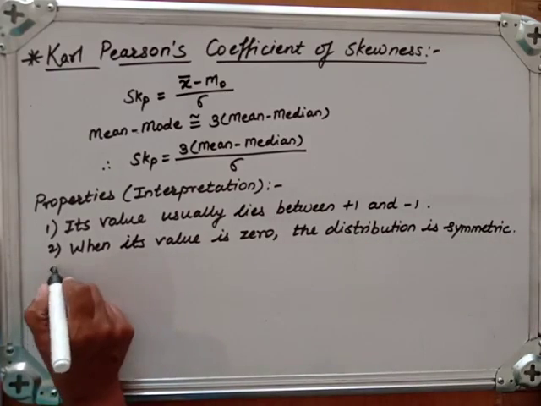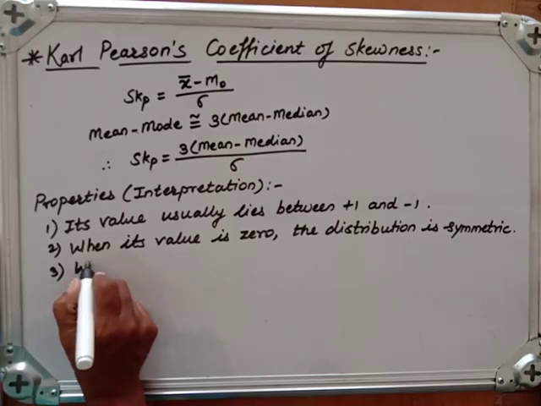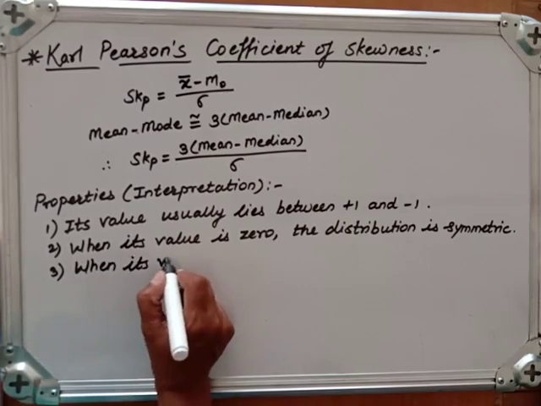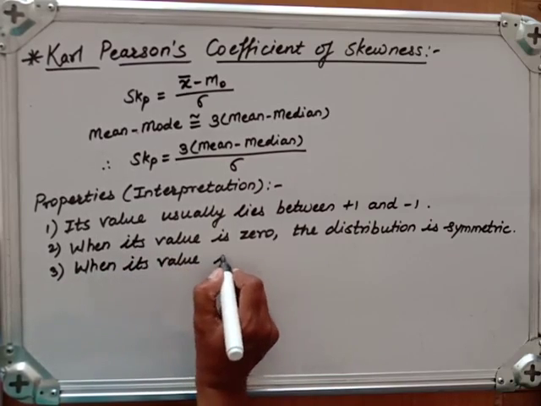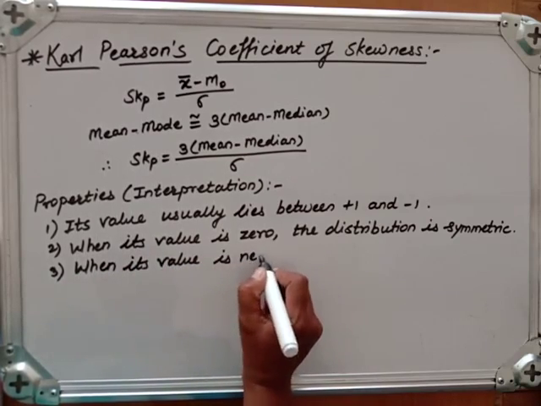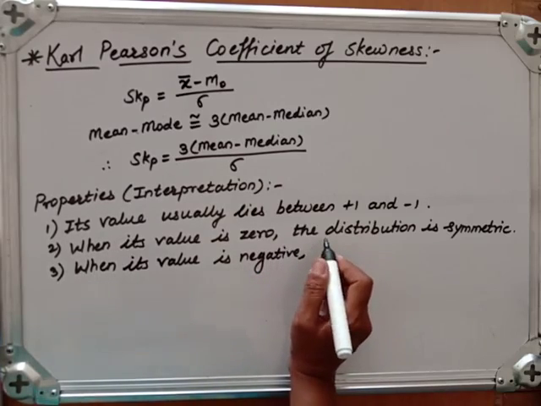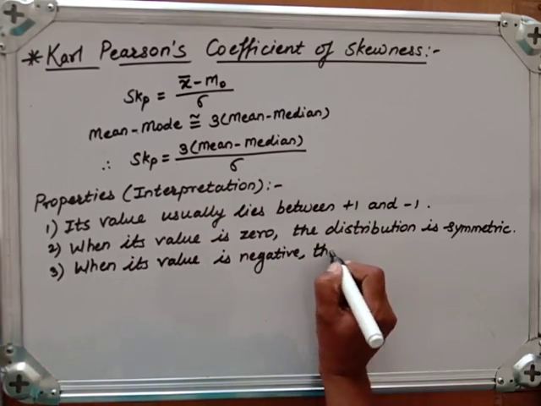Third, when its value is negative, the distribution is negatively skewed. It's very easy to remember.